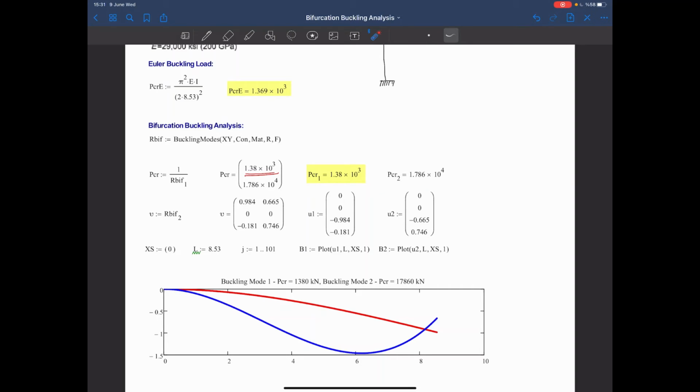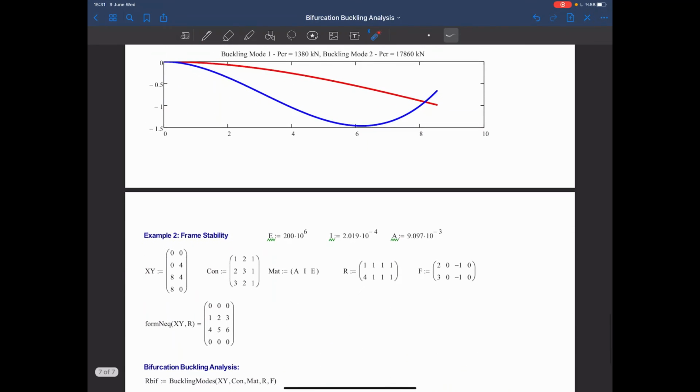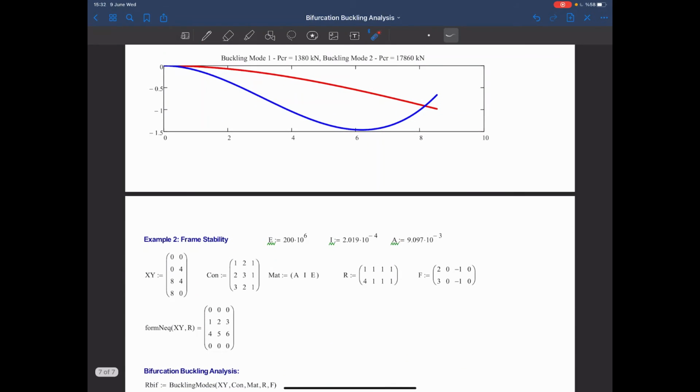Now, let's take a look at how we can analyze a frame. So it's the same thing, but the buckling load is a little bit tricky. So the frame that I'm solving is this. The boundary conditions, this is fixed. This is fixed as well.